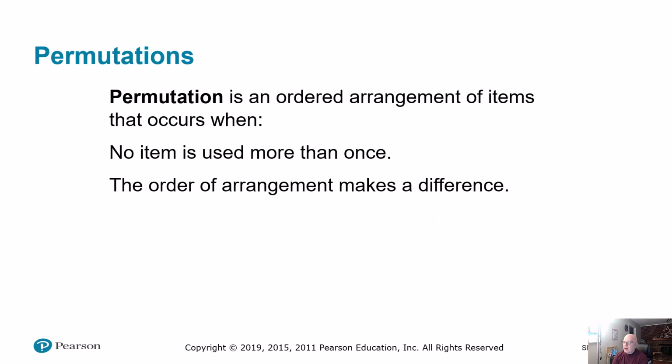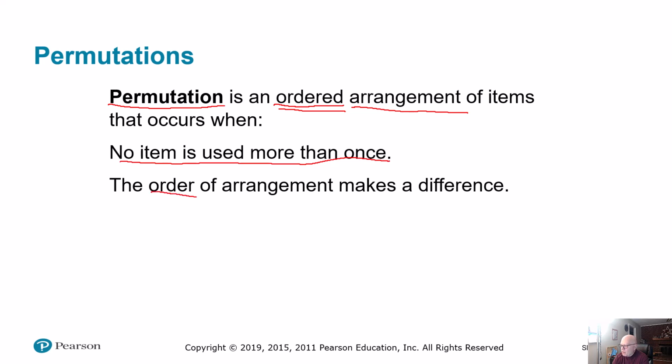Okay, here we go. Permutation. First of all, get the spelling down. This is the important word here. It's an ordered arrangement of those items. Each one of those items is separate from all the rest. No item is used more than once. Each one is a singular choice.